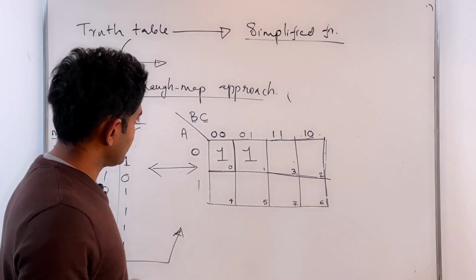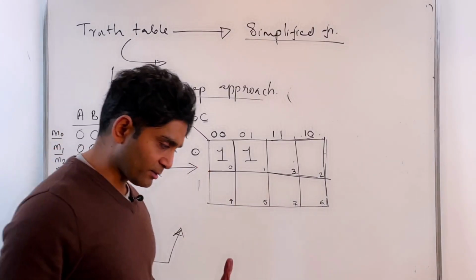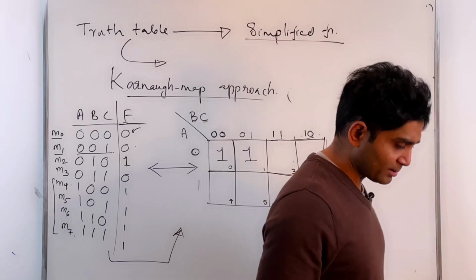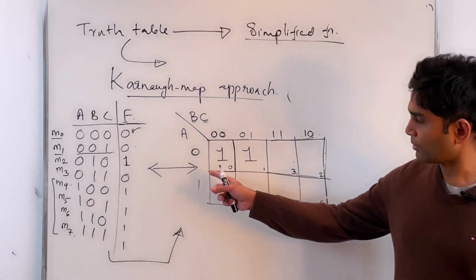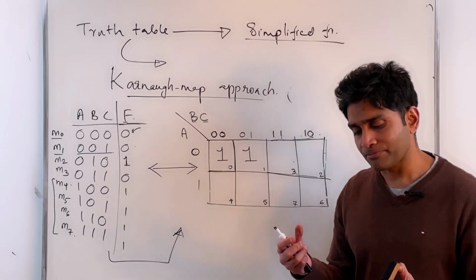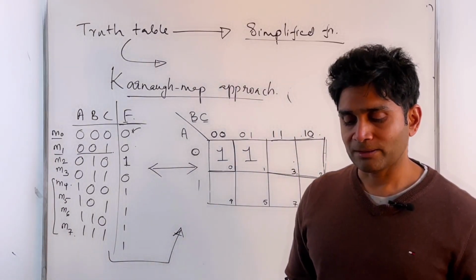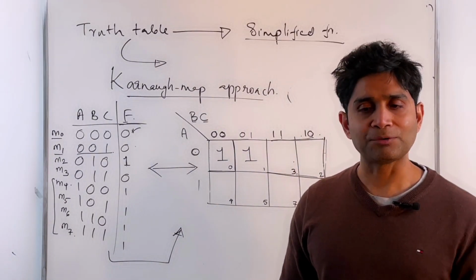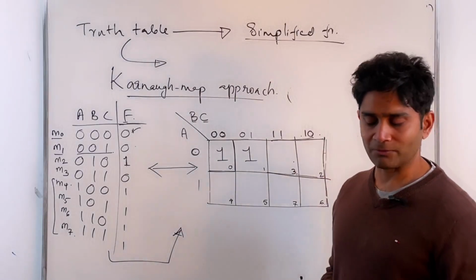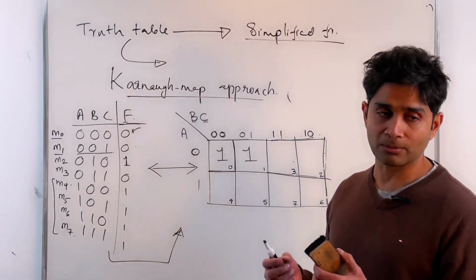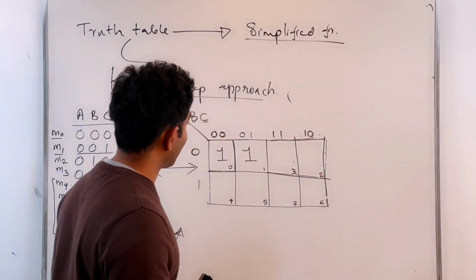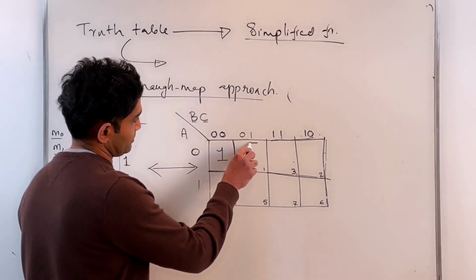So what really happens now? When I have these ones within adjacent cells, when I have two adjacent cells containing ones, I can combine them into a combination like this.